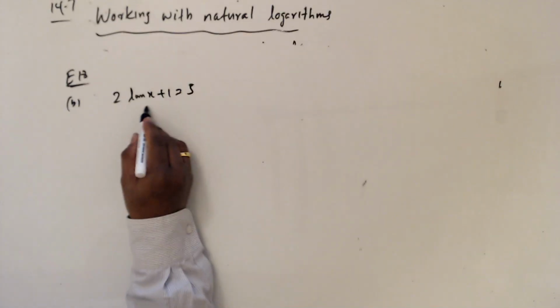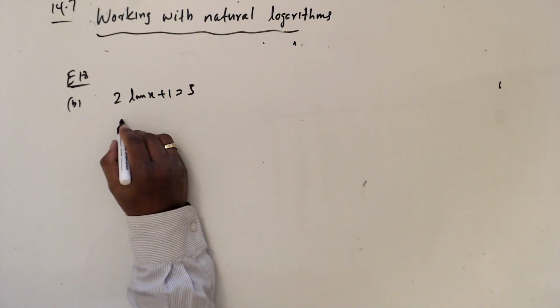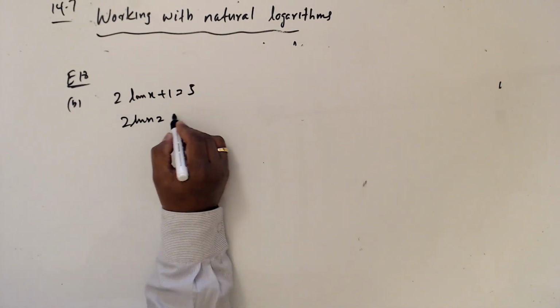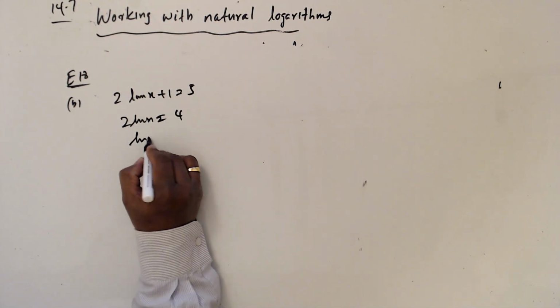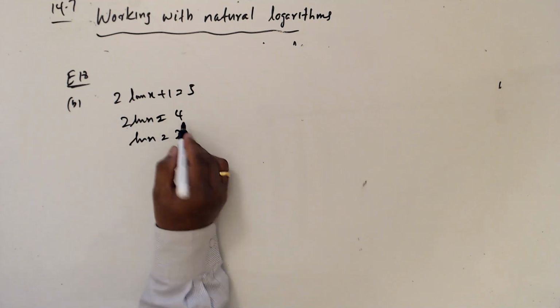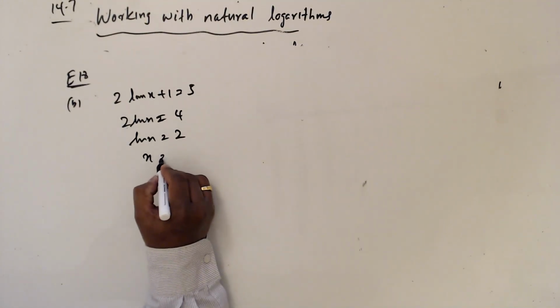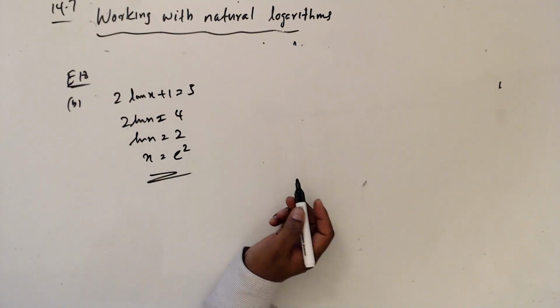Next, 2 ln x plus 1 equals 5. 2 ln x equals 5 minus 4, so ln x equals 2. So x equals e to the power 2.